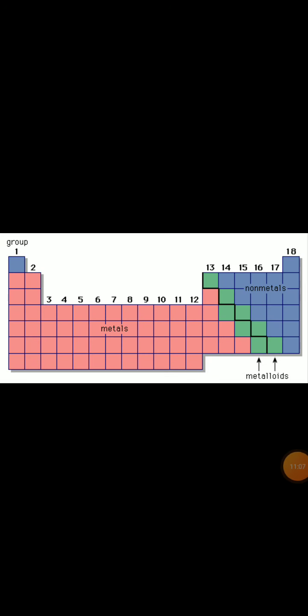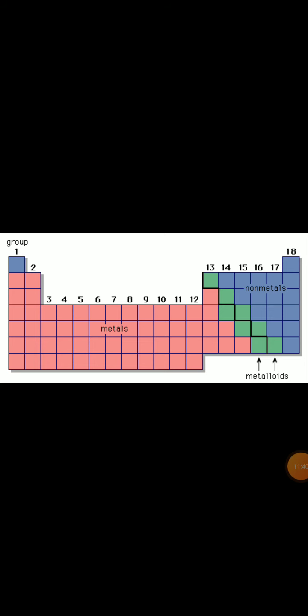So as I said to you, metals give away electrons, they lose electrons, they donate electrons. So by giving away electrons, they become positive ions, and that is why metals are electropositive in nature. Metals possess electropositivity.